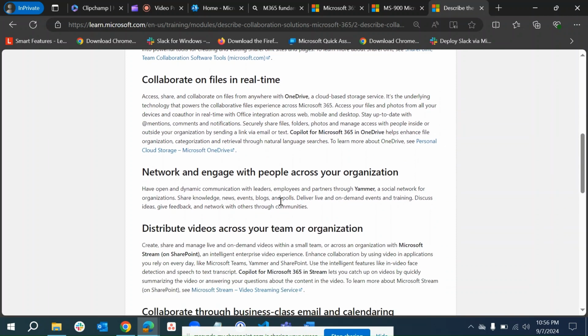The networking and engagement across the organization is done using, as I said, Yammer, which was rebranded into Microsoft Viva Engage, right? So that's a great way to engage and network across the company, org wide. As I said, it's a kind of social network platform for companies to share knowledge, ideas, events, and blogs.